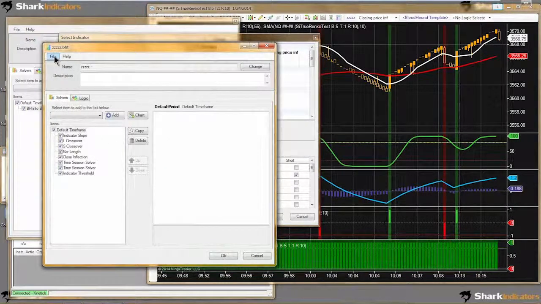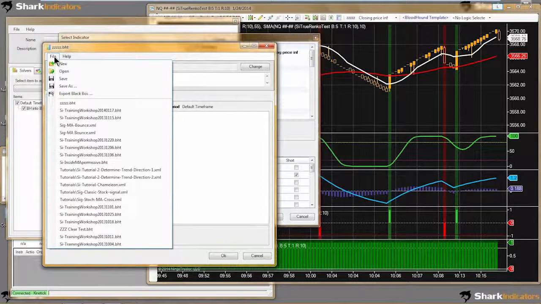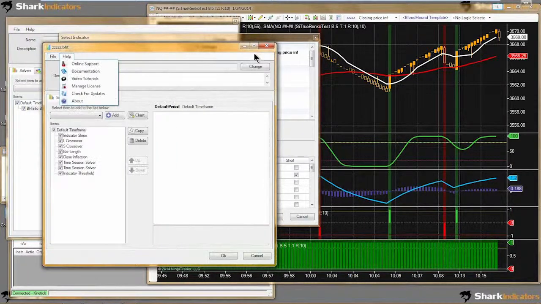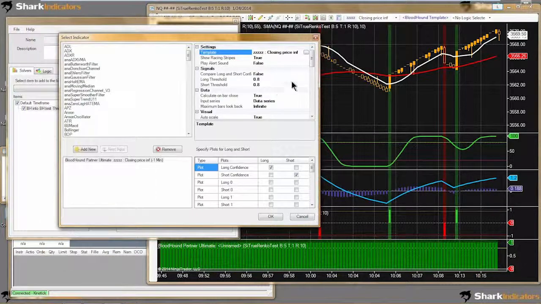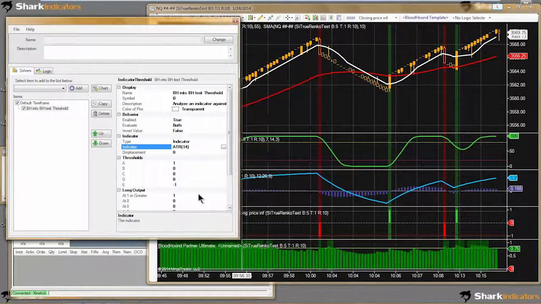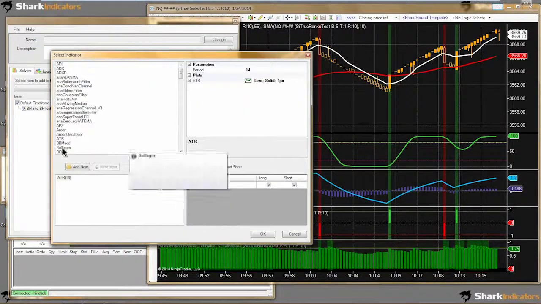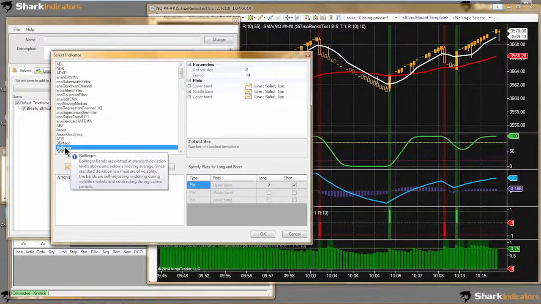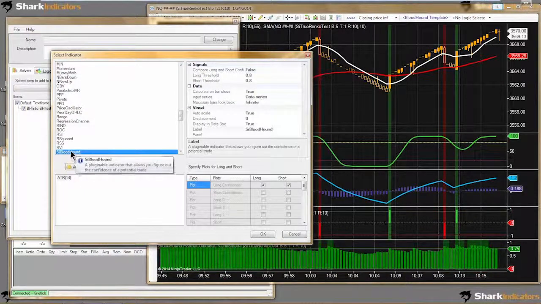Let's see, maybe if I open up a new file. Let's try something else here. Let me just get BloodHound off of here. Okay, now I'm going to add BloodHound back, and we'll do another little test here.